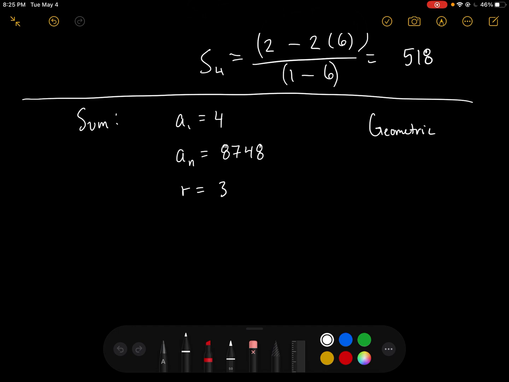So first things first, we have an R value, or a common ratio, which means that it must be geometric. If it had a D, it would be arithmetic, but here we just have an R. Next, we need to take a look at what we need to solve. It looks like we have our a sub n given, so based off of this, we can use our second formula.